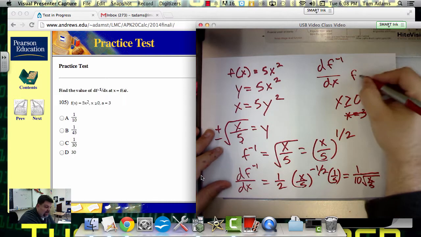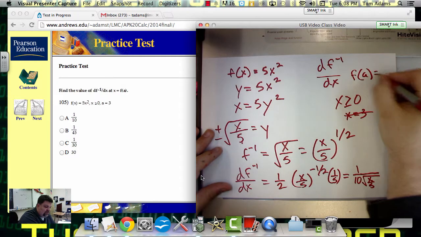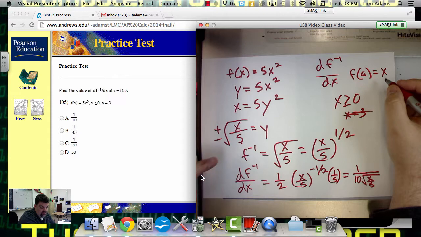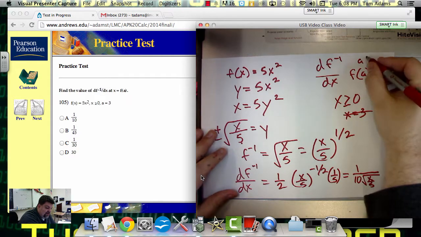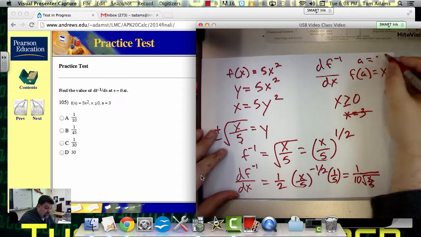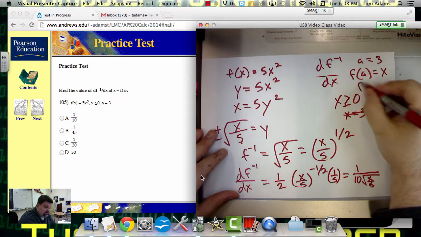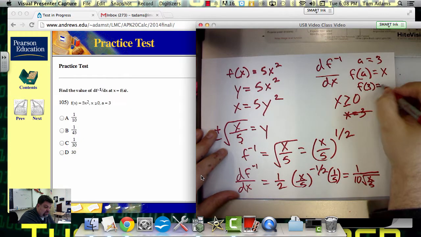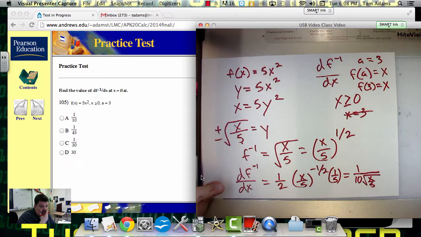It says that f of a equals x. Okay? And then we say that a equals 3. So we're saying that f of 3 is equal to our x value. That's what we need to plug in.